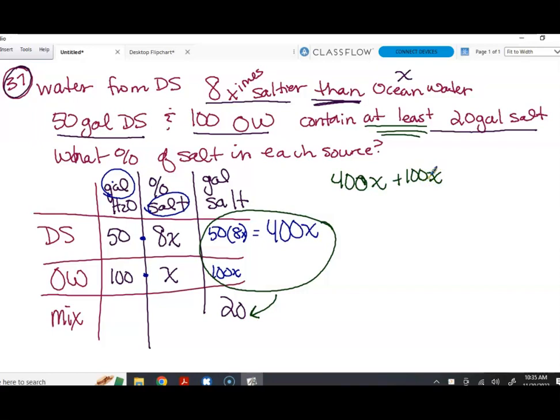Contains at least, okay, so that's going to be greater than or equal to 20. Awesome, so we've got 500x greater than or equal to 20.